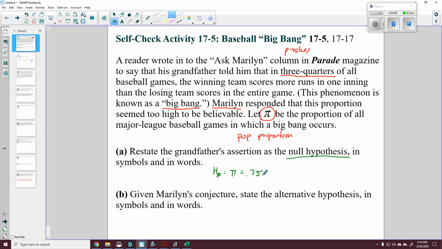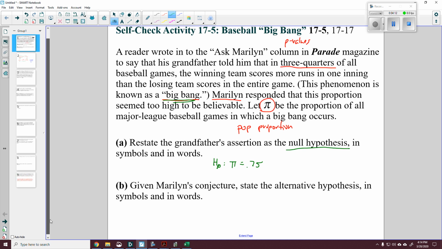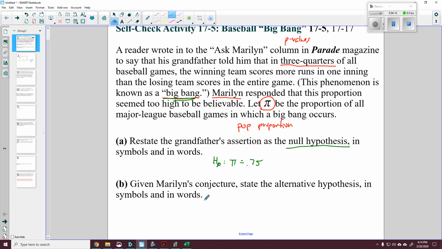Grandpa is saying 3/4, 0.75 of all baseball games have a big bang. And Marilyn, the columnist, she's saying, I don't think so. I think it's too high. Her alternative hypothesis, H sub A, is that pi is less than 0.75.